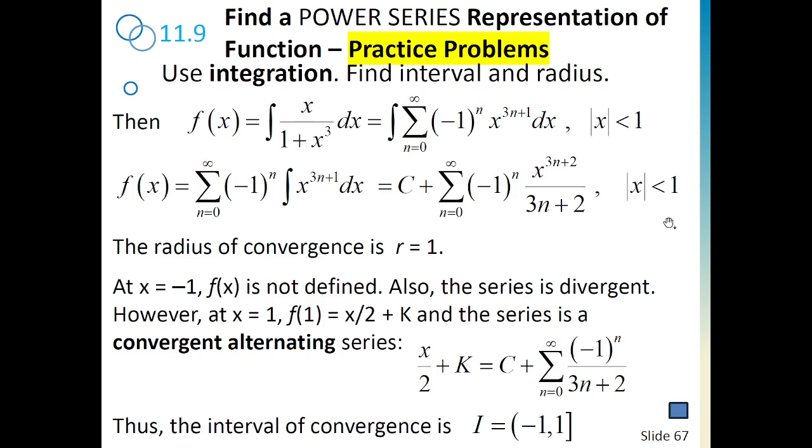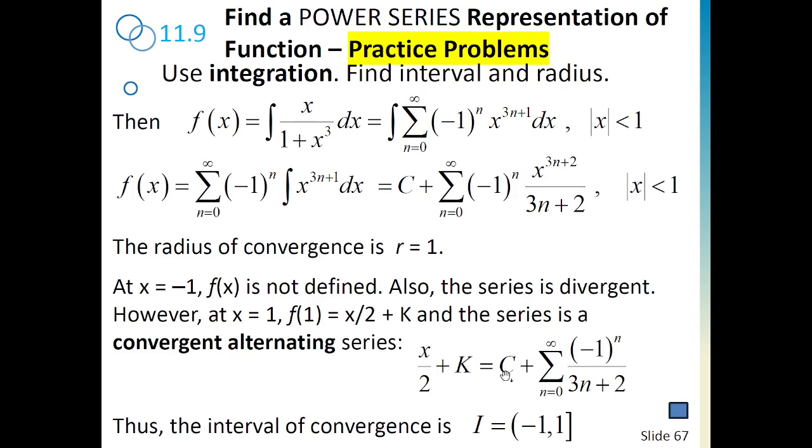At x equal 1, what happens? Well, this term, if I plug 1, I had 1 over 1 plus 1, so 1 over 2. If I integrate, I get x over 2 plus some constant, so that's okay. There's nothing wrong with there. And if I plug 1 in the series here, I'll have an alternating series 1 over 3n plus 2, which by alternating series test is convergent.